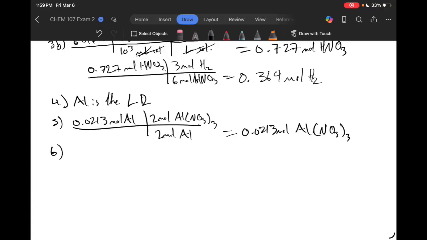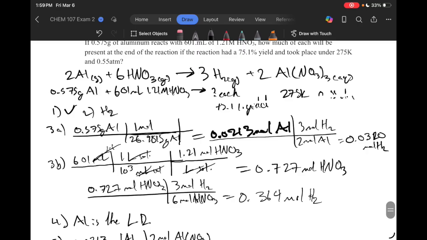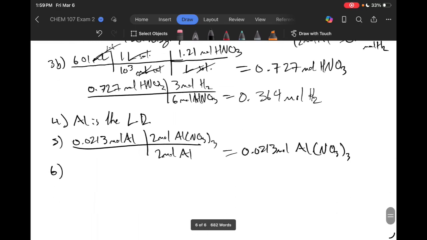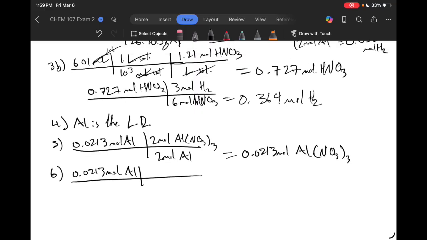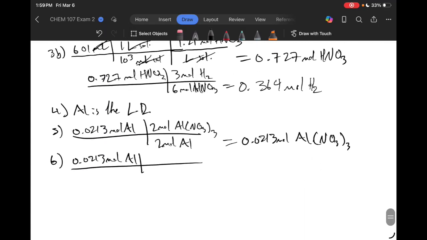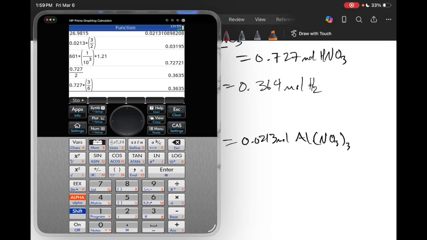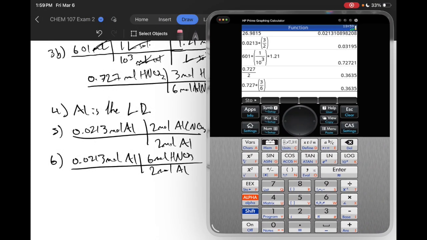So first we need to find how much gets used up. So for that, we start again with 0.0213 moles of aluminum, and our molar ratio, for every 6 moles of HNO3, there's going to be 2 moles of aluminum. In this case, 6 over 2 simplifies to 3, so we can just do 0.0213 times 3.